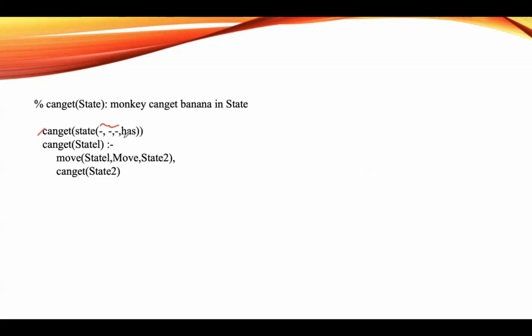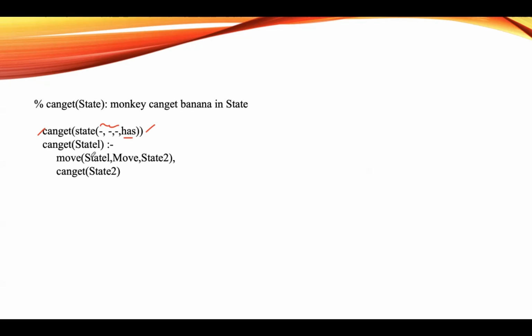Here we need to check whether the monkey is having the banana or not. If it is having the banana, this command returns true, and the process will stop here. If it is not having the banana, then we should execute the above moves which we just saw, until it becomes has. So until the monkey gets the banana.